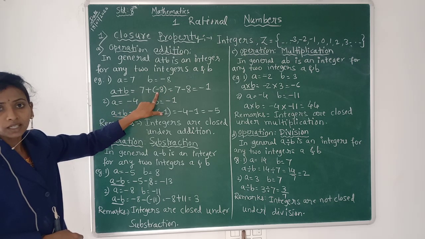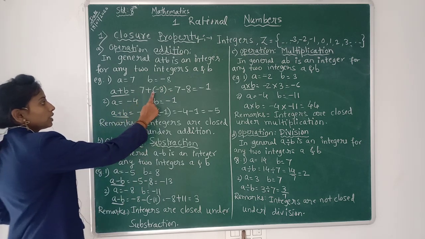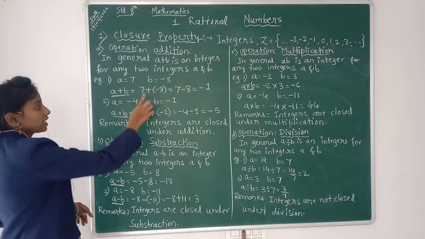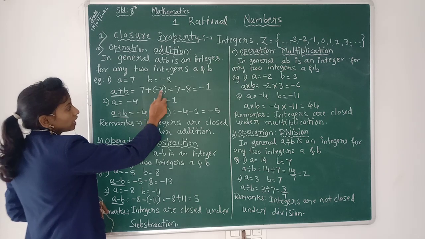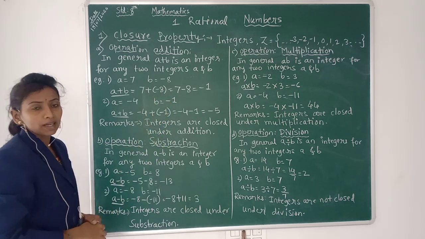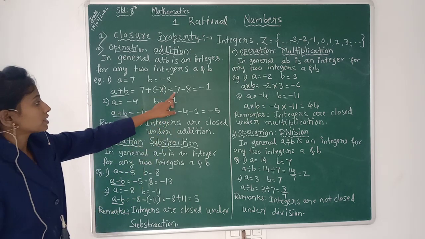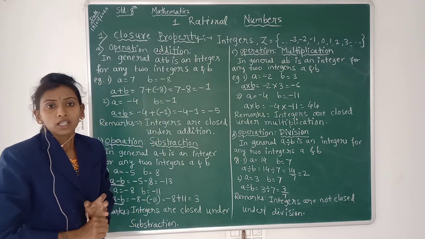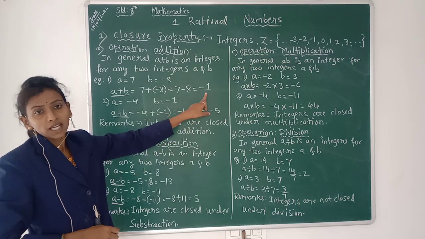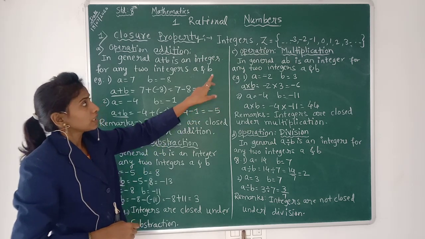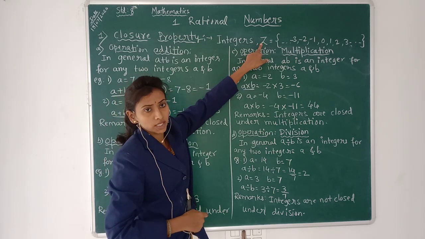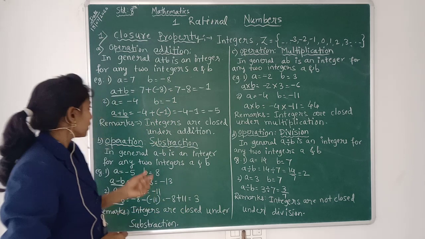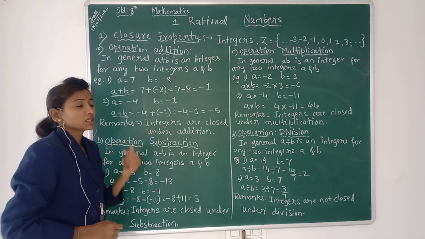Do the sign operation: plus into minus is minus, so that is 7 minus 8, which gives minus 1. Minus 1 is in the set Z, so integers are closed under addition.